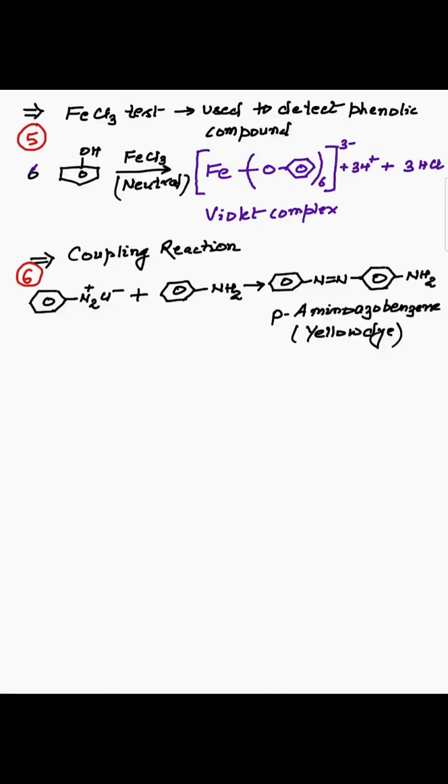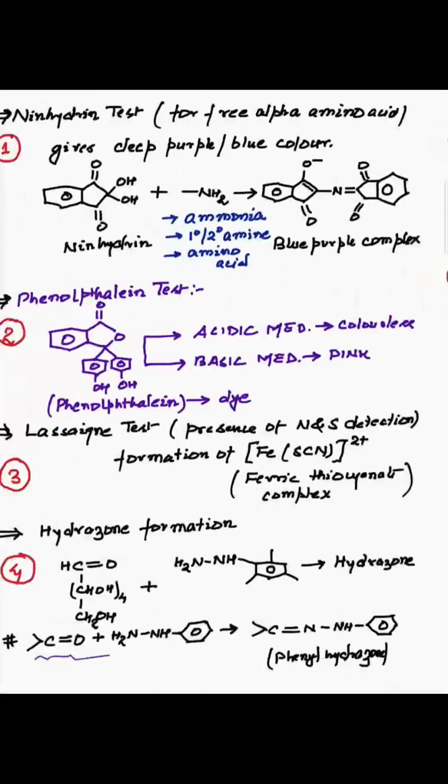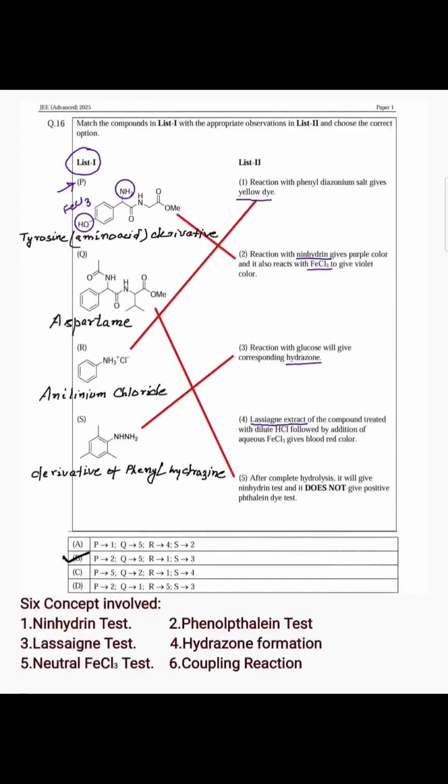So basically, if we see all the 6 concepts involved in this question, exactly the answer should be B. P matches with 2. P matches with 2 means this particular tyrosine amino derivative matches with 2. Option 2 is giving the ninhydrin test, purple color, and also reacts with FeCl3 to give violet color.